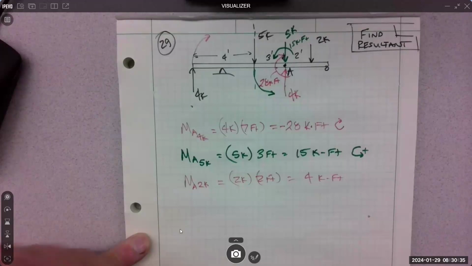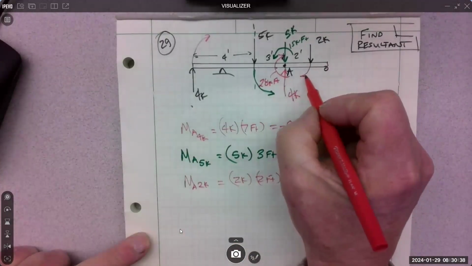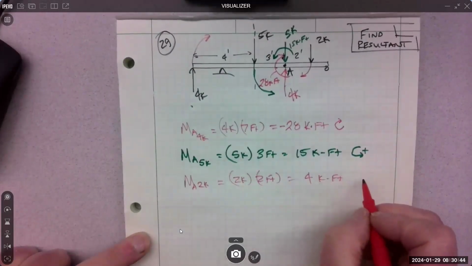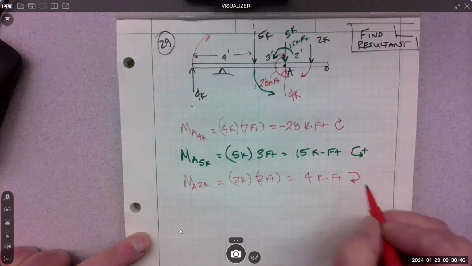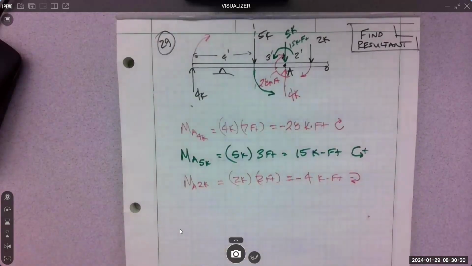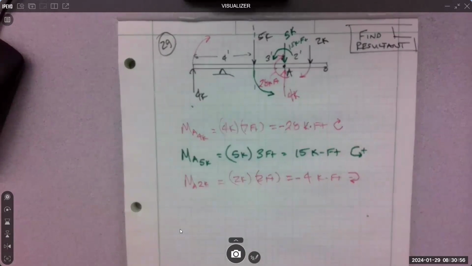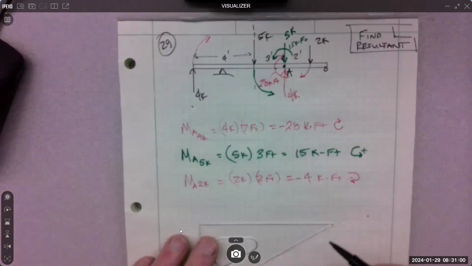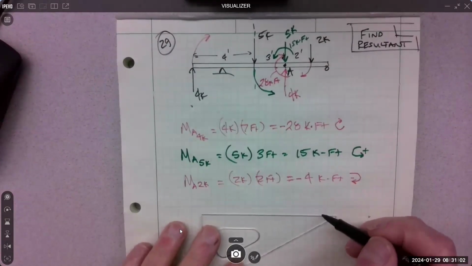And its rotation looks to be clockwise or counterclockwise? Clockwise, negative. Not gonna draw that one in, so it's just getting busy. But just for demonstration purposes, I'm gonna show you what we have now.